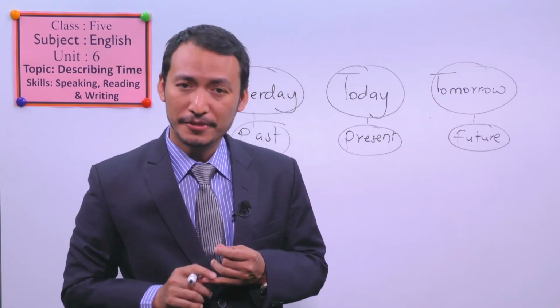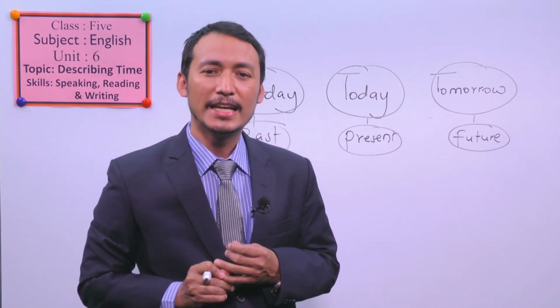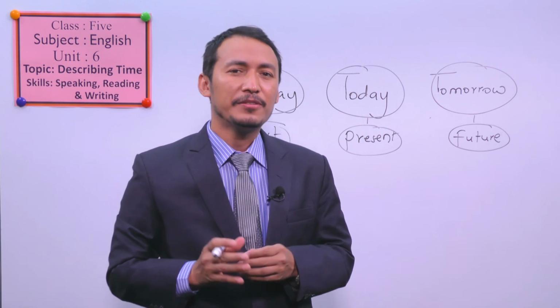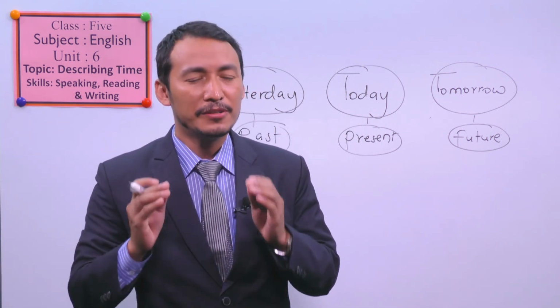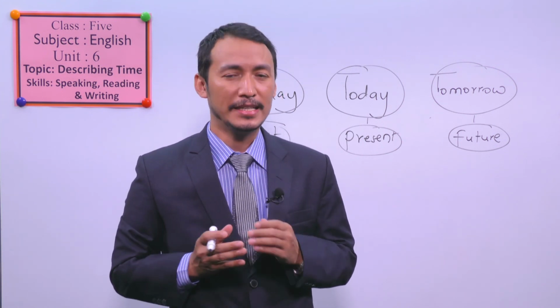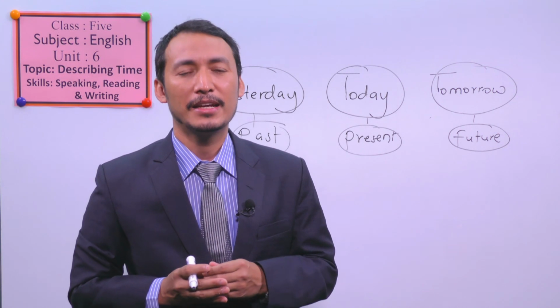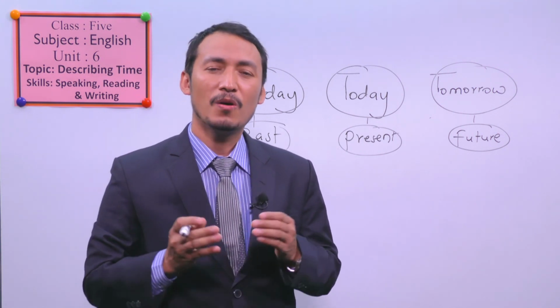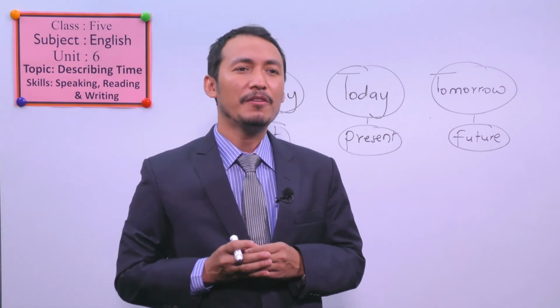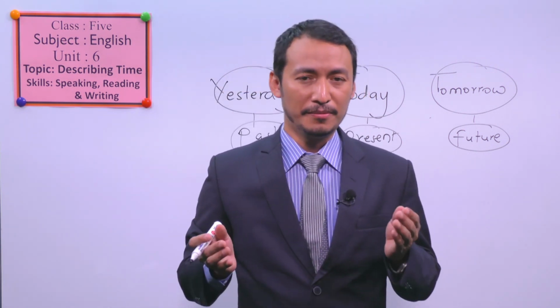So we have different words for them, right? Do you know that? Okay, when we are going to describe time, we are going to focus on past time or past tense in this lesson. So if you are ready with your books and your paper, please open your book on page number 48 and get ready for studying with me.